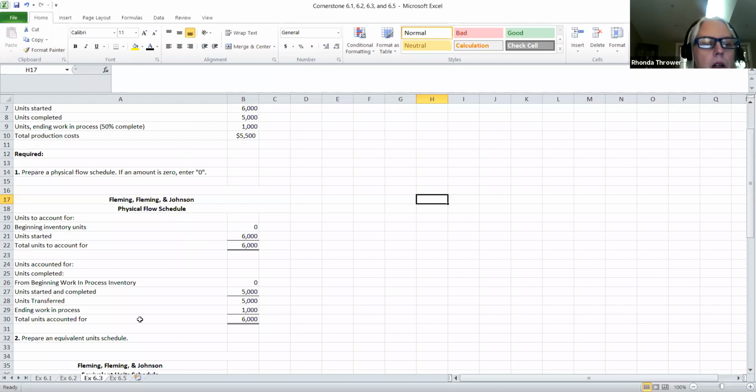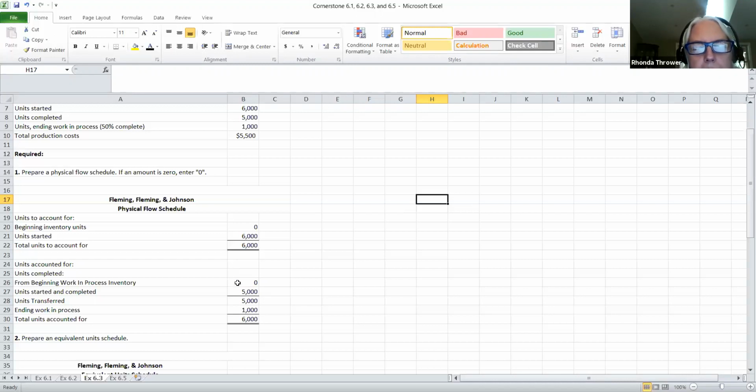Units started and completed then during this period of time was 5,000. That's what they told us. The beginning inventory plus what we started and completed will tell you how many units that you're transferring out of this department.